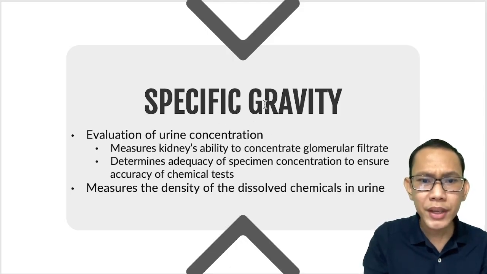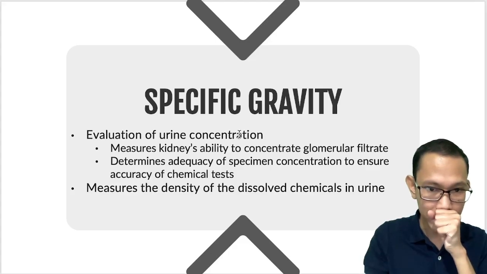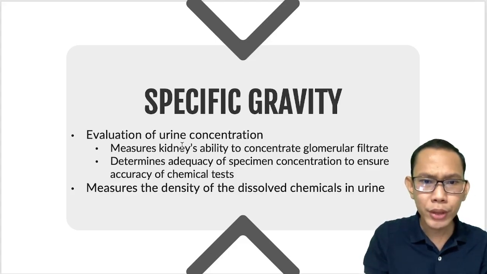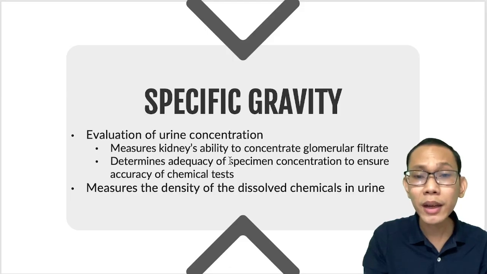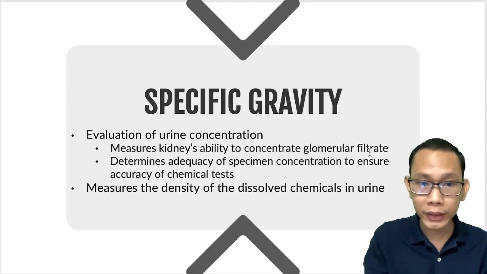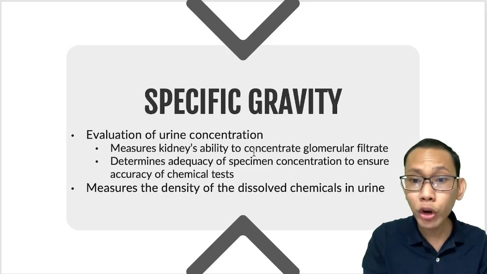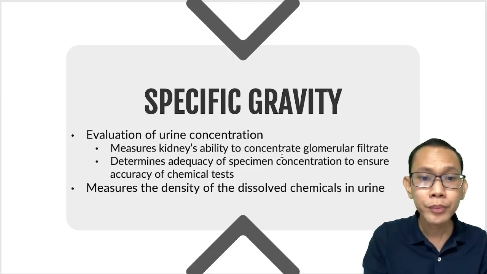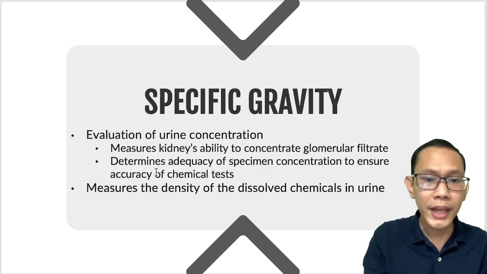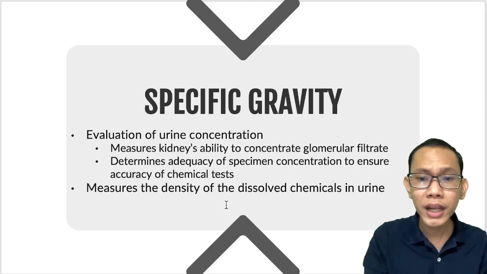When we say specific gravity, it is the evaluation of your urine concentration. When we say urine concentration, it measures the kidney's ability to concentrate your glomerular filtrate. So it determines the adequacy of specimen concentration to ensure accuracy of your chemical testing. Then, it measures the density of the dissolved chemicals in your urine.